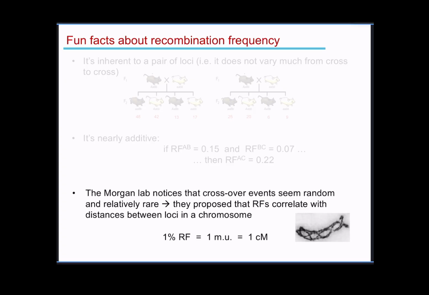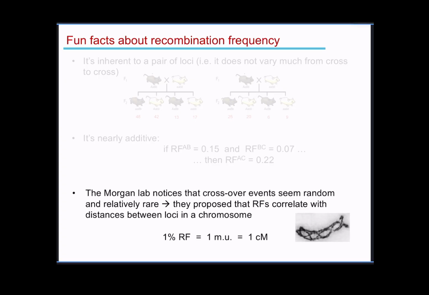These people in the Morgan lab developed this idea and then started backing it up with a ton of experimental observation, to the point that people were like, okay, sure, you guys are right. Like, it's just like you say. So in honor of that, what used to be a 1% recombination frequency turned into what for a while people started calling a mapping unit.